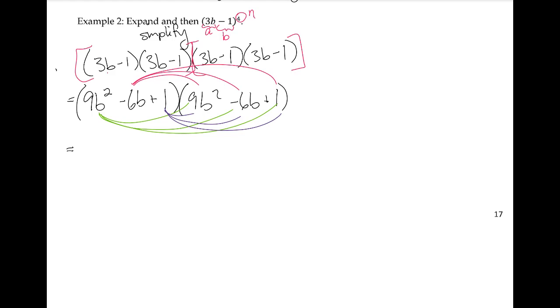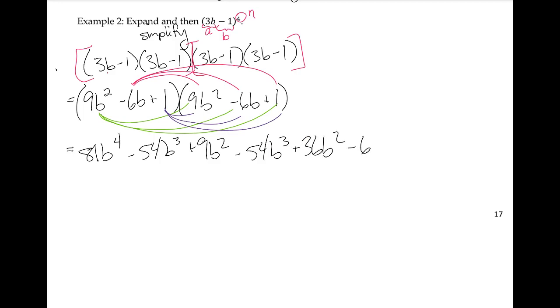That would all give me 81b cubed, nope, not b cubed, b to the 4, minus 54b cubed, and 9b squared. Second one would give me minus 54b cubed, and then plus 36b squared minus 6b, and last but not least, another 9b squared minus 6b plus 1.